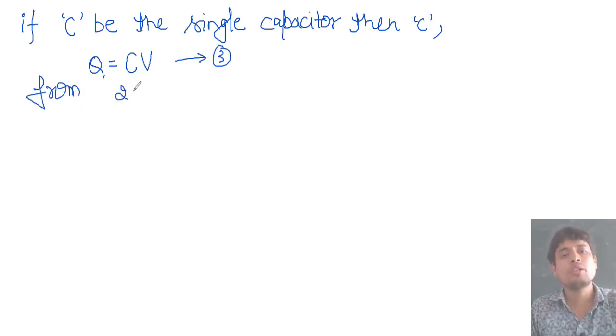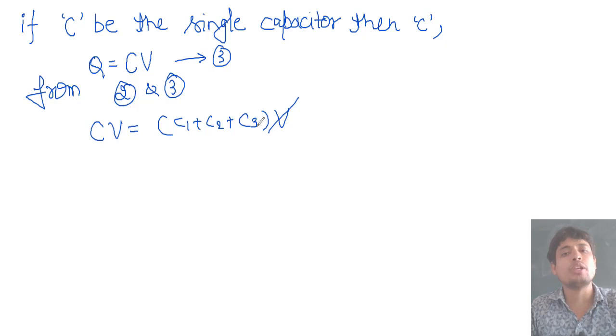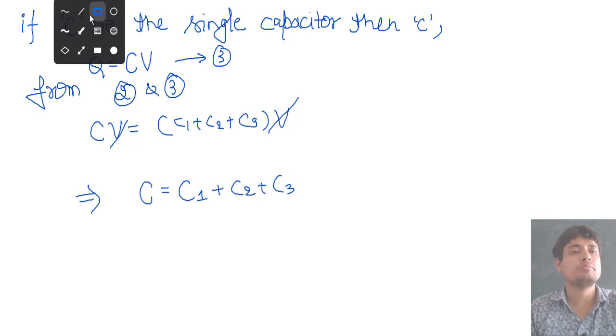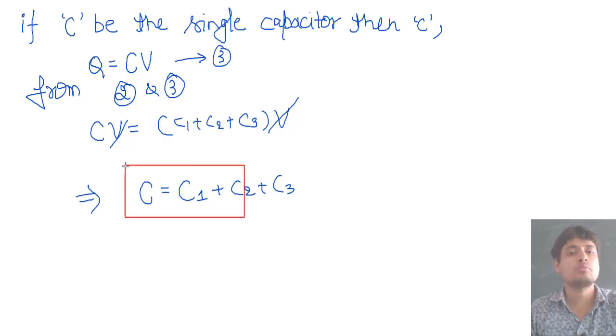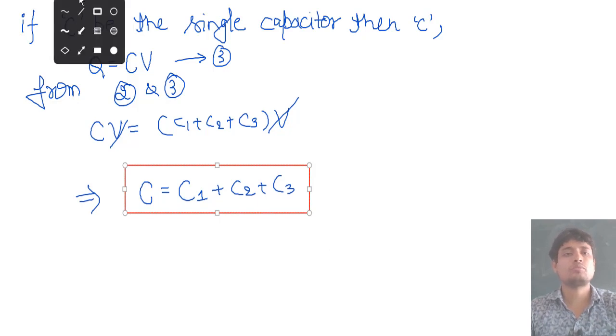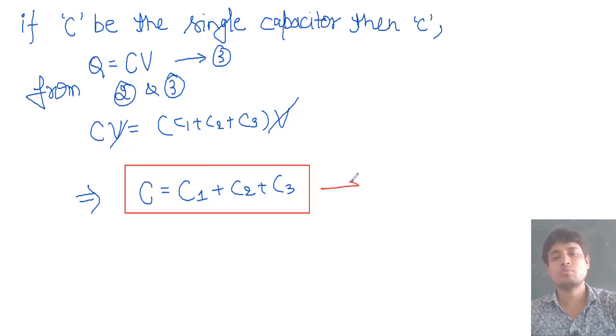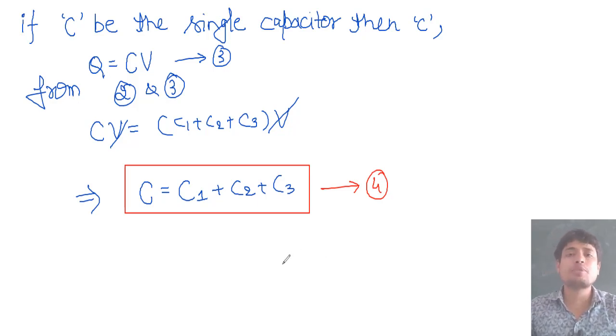From second and third, CV equal to (C1 plus C2 plus C3) into V. V cancels out. C is equal to C1 plus C2 plus C3. This will be the net capacitance when the capacitors are connected in parallel combination.